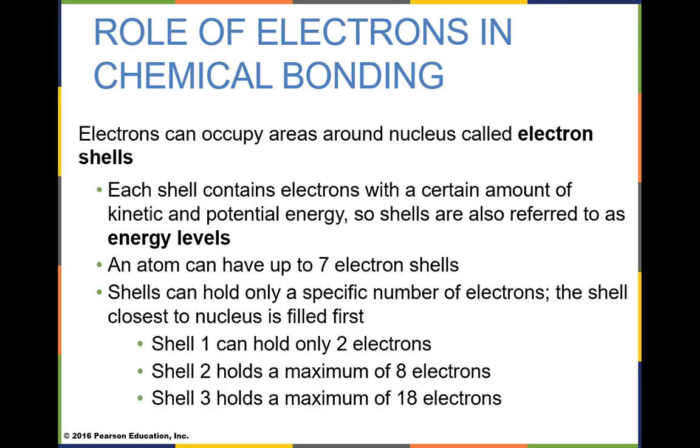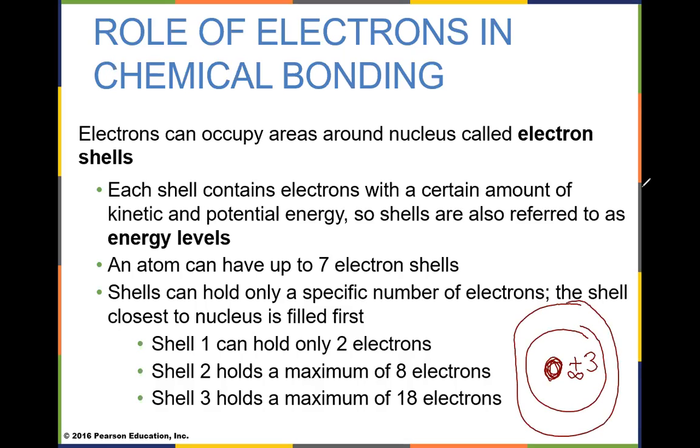So you have the nucleus. Let's see here. So here we have our nucleus right here with its proton and its neutron. And let's say there are 3 protons. So we have 3 electrons.